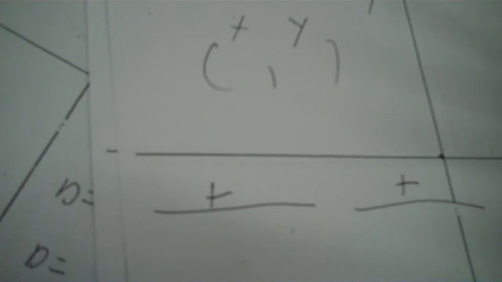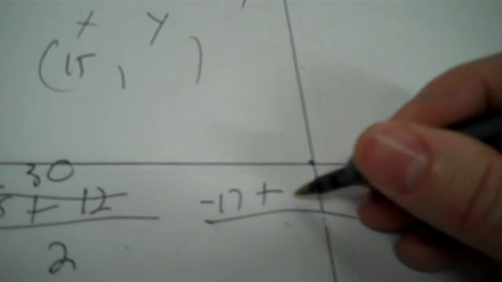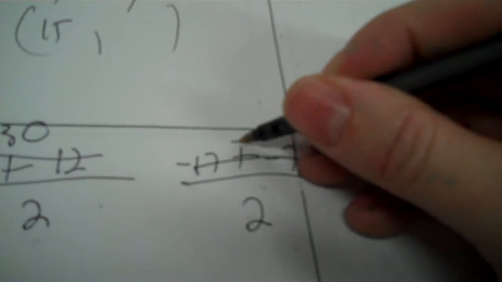You shouldn't need to be given a formula for this like you were on the last one. I mean, halfway in between two numbers is just adding them, dividing by 2. 30 divided by 2 is 15. -17, -7. -24 divided by 2, -12. Okay.